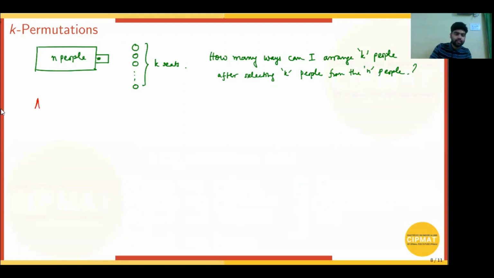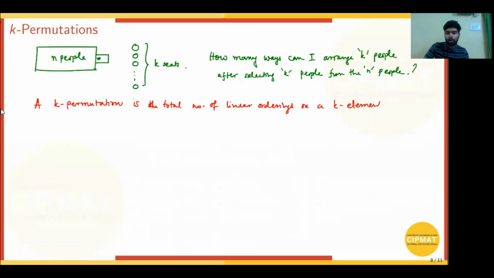That is, I can say that a k permutation is the total number of linear orderings on a k element subset of 1, 2, in this way till n.